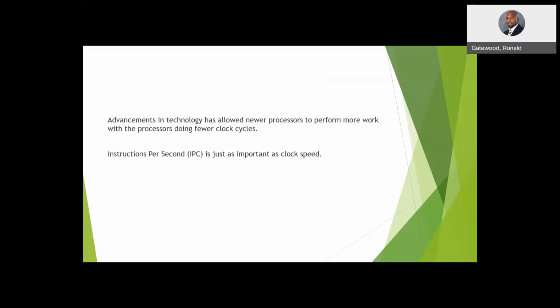A lot of times when you're purchasing a computer, you won't see the IPC, but sometimes you can do some research. You can go to the vendor website, whether it's Intel or AMD, and look to see if you can find the instructions per second for that processor.